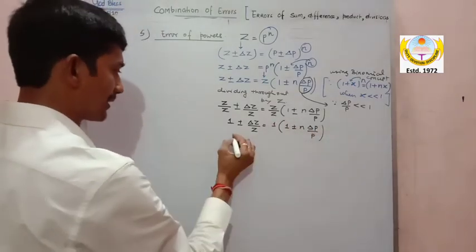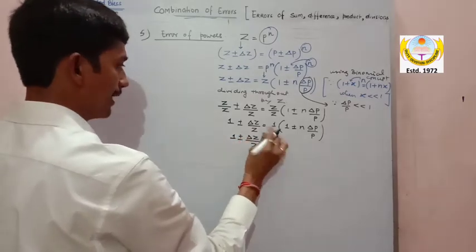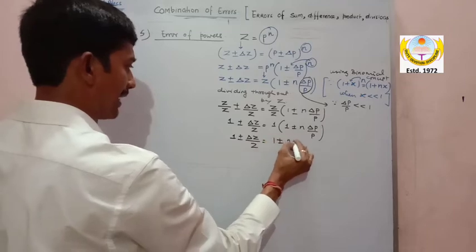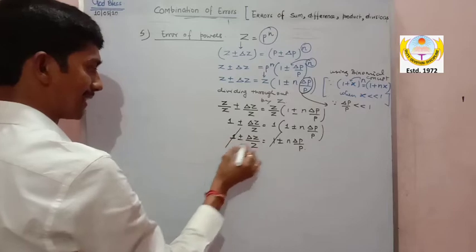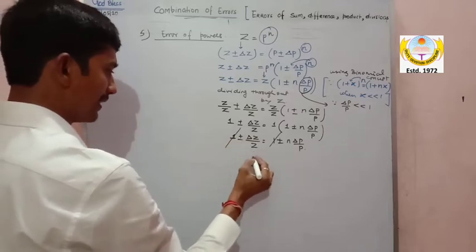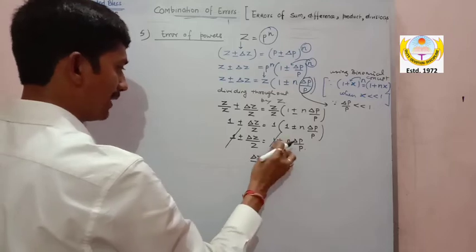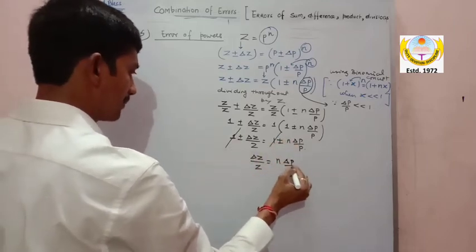When I open this, it is 1 plus minus delta Z by Z; 1 multiplied to this, the answer will remain same. Now 1 and 1 cancel. So here delta Z by Z is equal to plus minus n delta P by P.